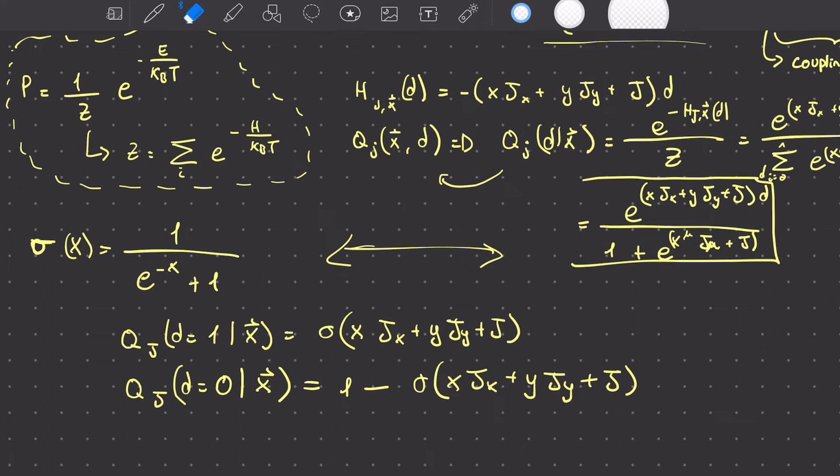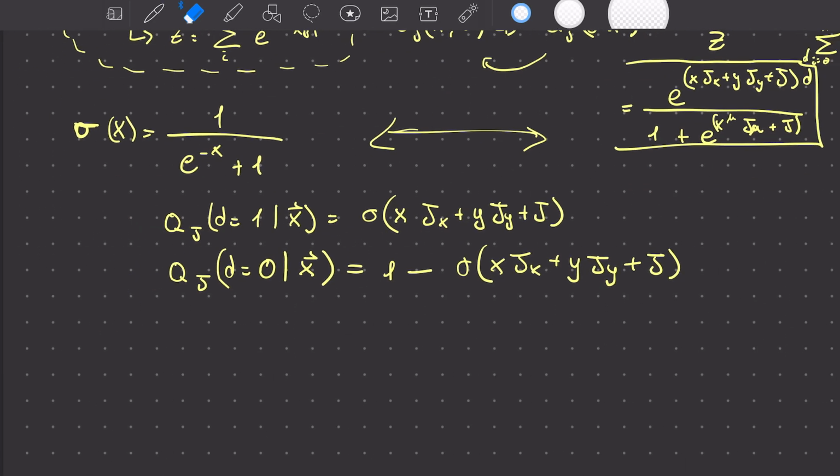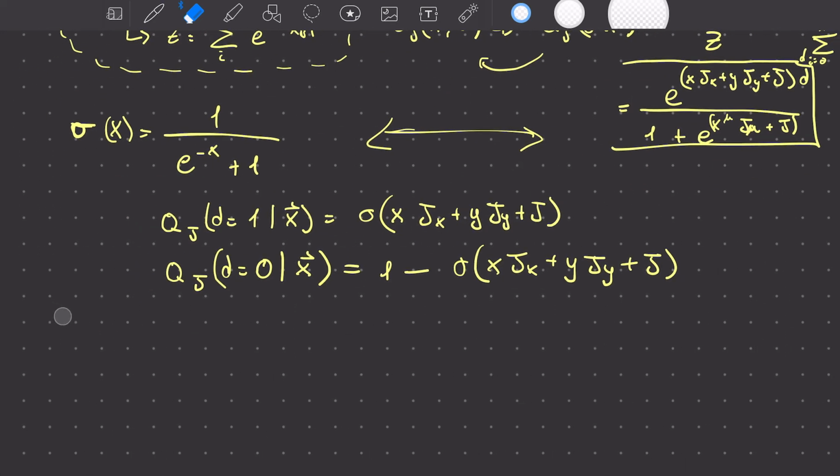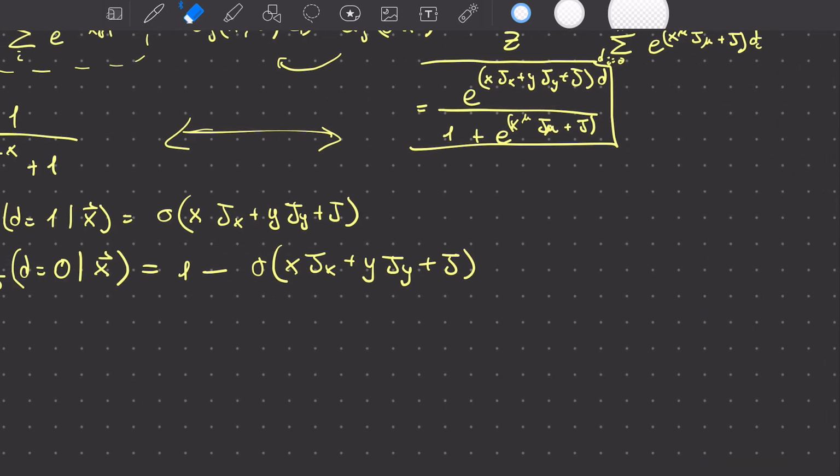This expression is for a given x, but if we suppose the existence of a data generation probability, that would be the joint probability of the vector x and d. This is a vector again.